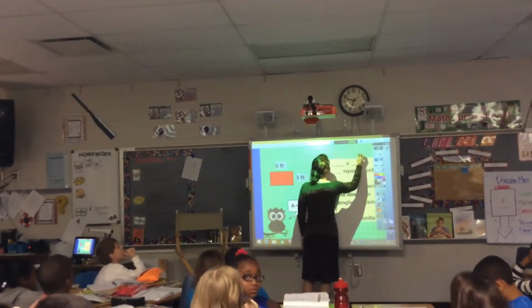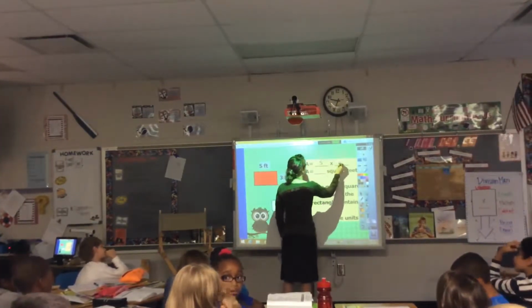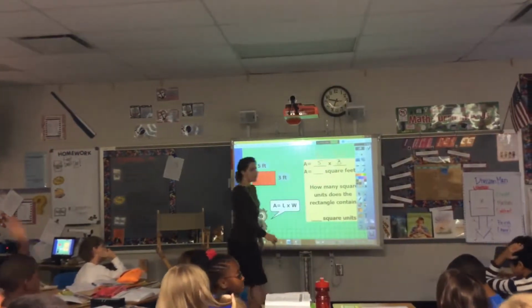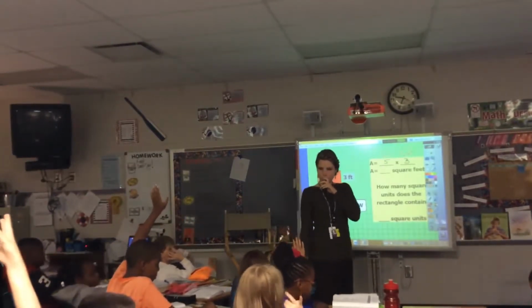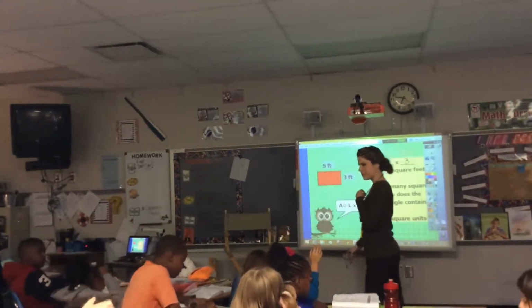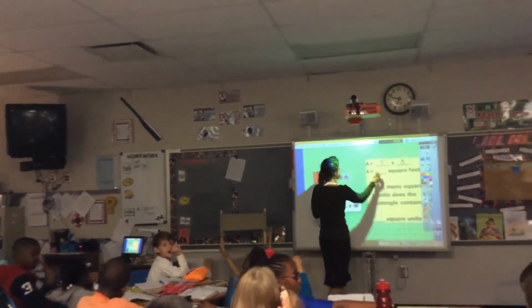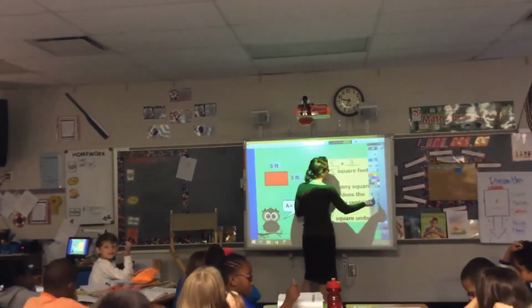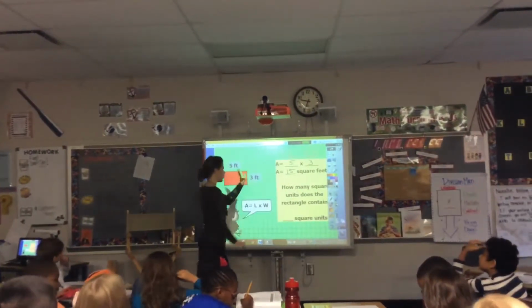Length and width. So we're going to do what Caleb said, 5 times 3. And who knows what that'll give us? Anthony. 15. Great. So now we know how many square feet we have.